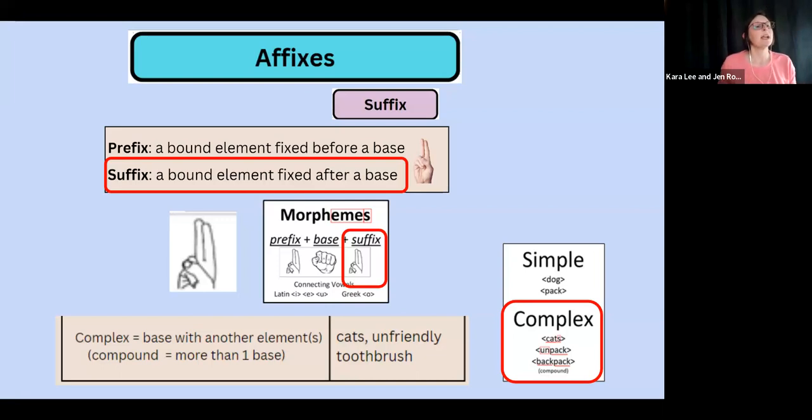Okay. A suffix is a bound element fixed after a base. That is the definition of a suffix. It's a bound element, meaning it cannot stand on its own. It has to be bound to something else, either another suffix or a base. So it's any bound element fixed after a base.